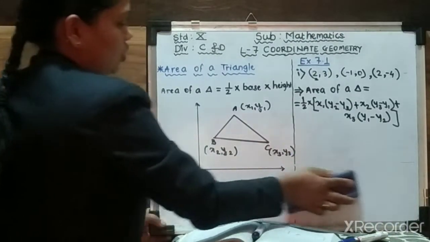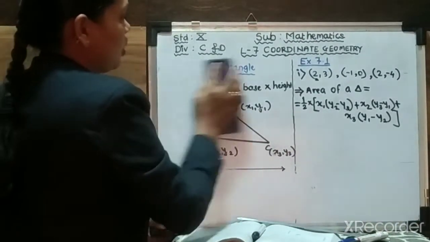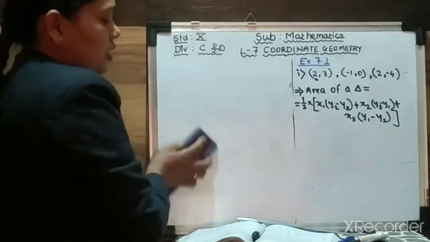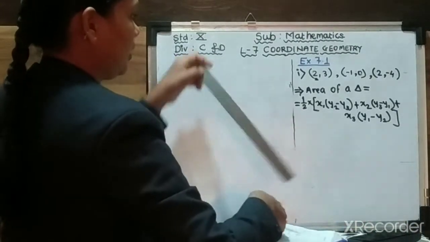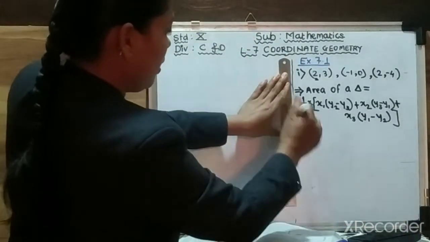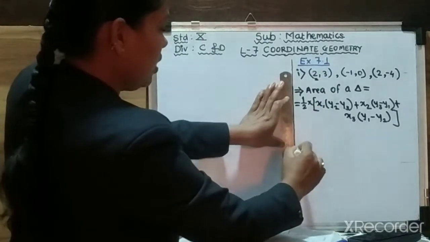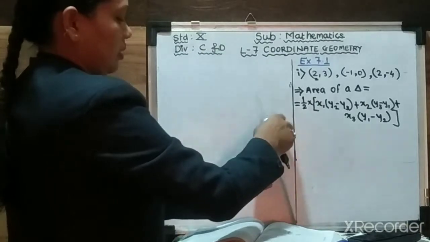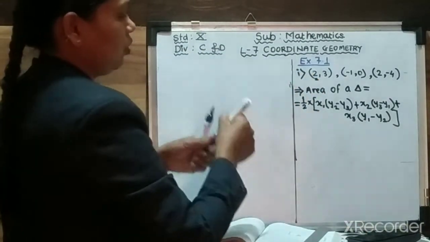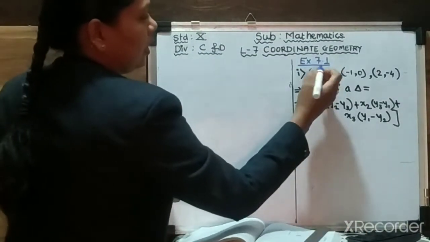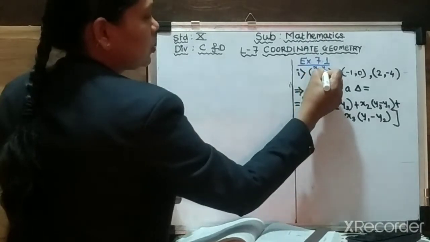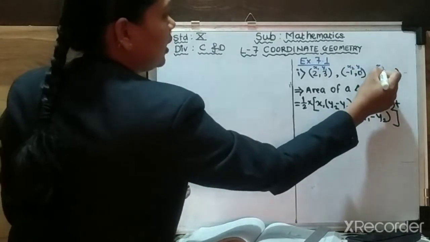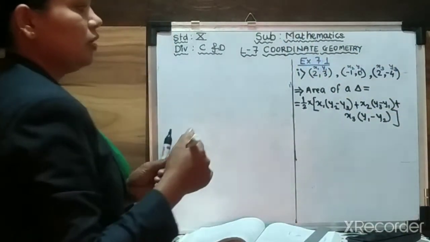Now we will solve this. We are going to simply put in those values. If you are not understanding, just write x1 y1, x2 y2, x3 y3 above the coordinates.